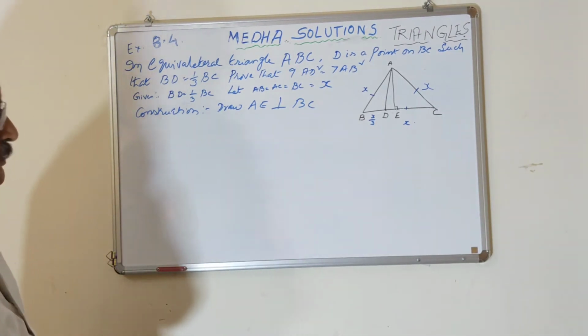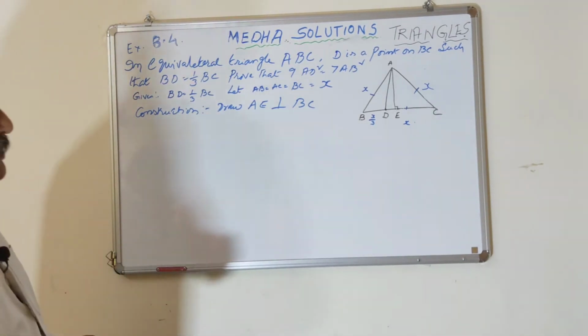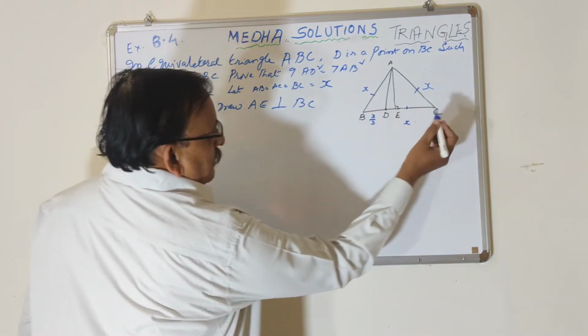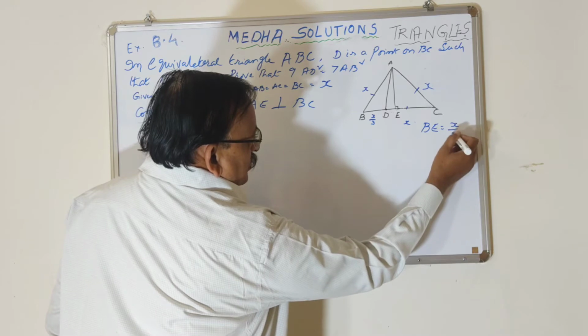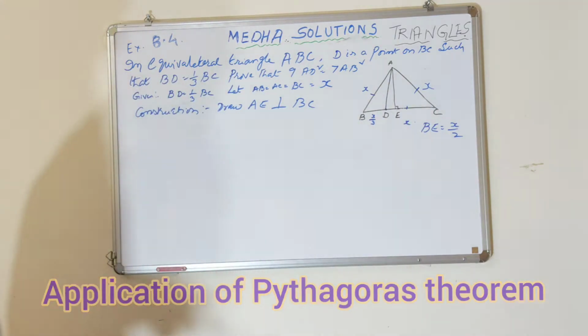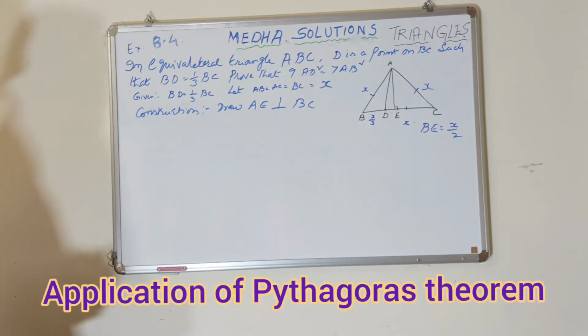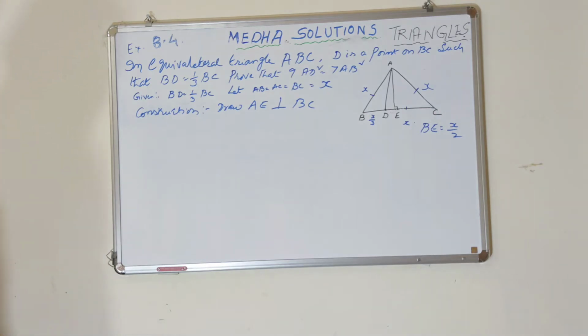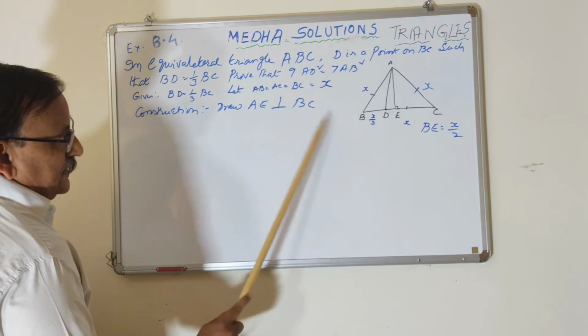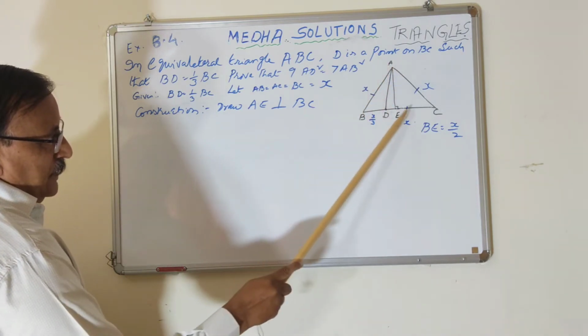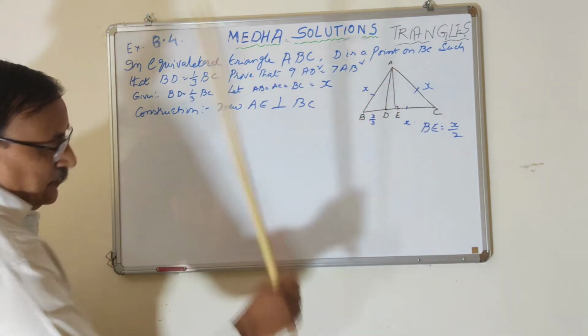Now BE is equal to x by 2. Why? Because E is the midpoint of BC, so BE is equal to x by 2. Now to prove, I am taking two right angle triangles on the left side, ABE and ADE.